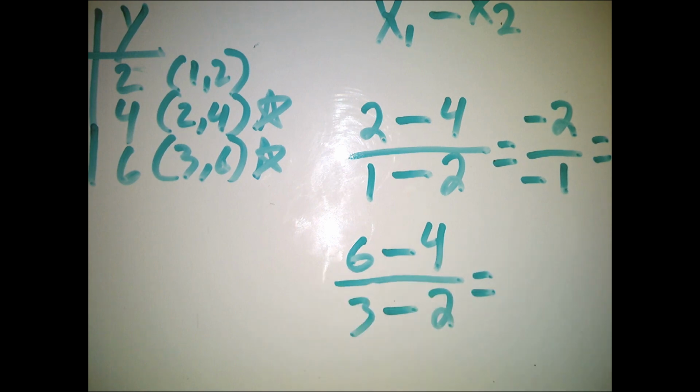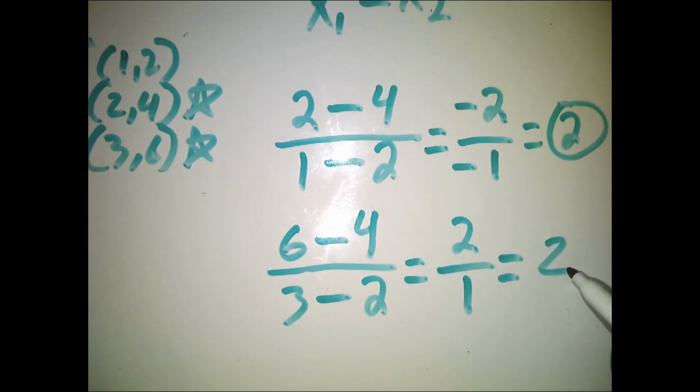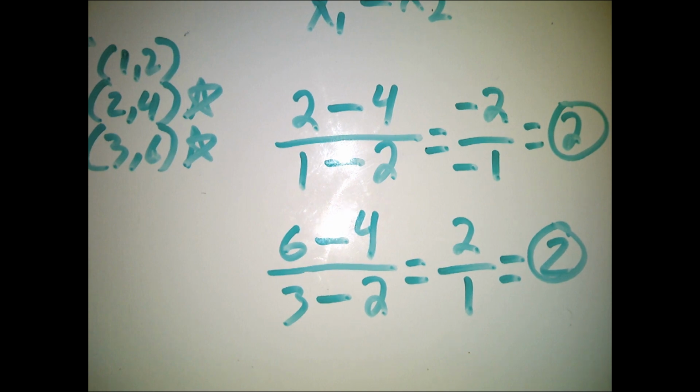When we subtract them, we have 6 minus 4 equals 2. 3 minus 2 equals 1. So our slope again would be 2. So no matter which 2 points you choose, you always have the same slope if it's a line.